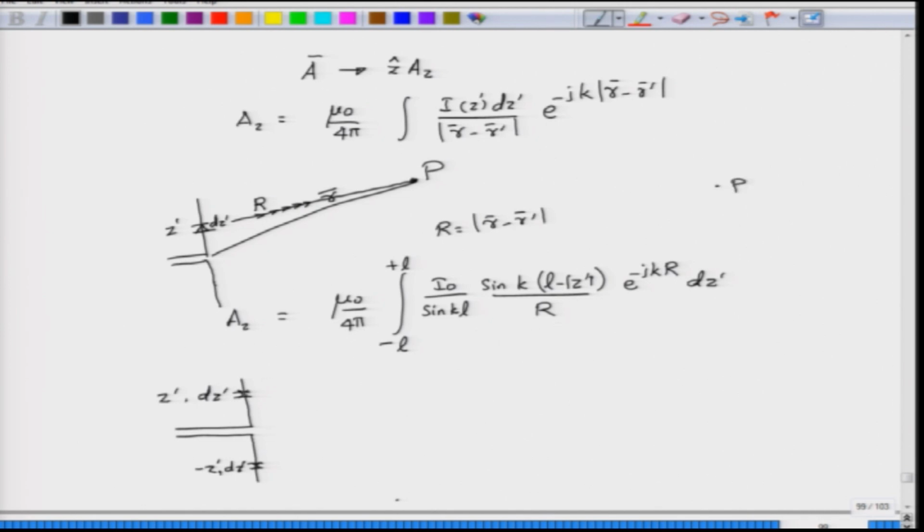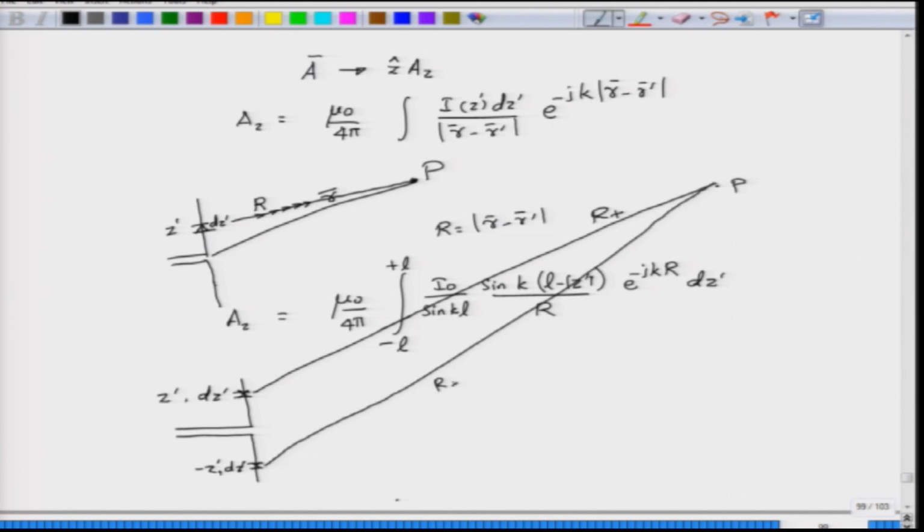Technically, for the point at z prime, the capital R that I am considering, let me call this R plus, and similarly I will call this one R minus, and whatever is from the origin to the observation point is your distance r. So, I have 3 lengths, and you can see that R plus is smaller than r, and r is smaller than R minus, meaning that R plus is less than r, which is less than R minus.